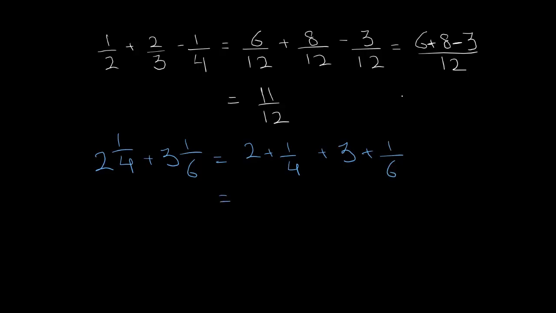Then addition is commutative, so I can write it as 2 plus 3 plus 1 over 4 plus 1 over 6. Now we already know that 2 plus 3 is 5, and we already just computed that 1 over 4 plus 1 over 6 is 5 over 12, I think.